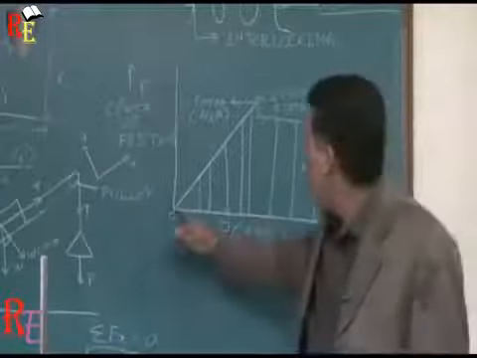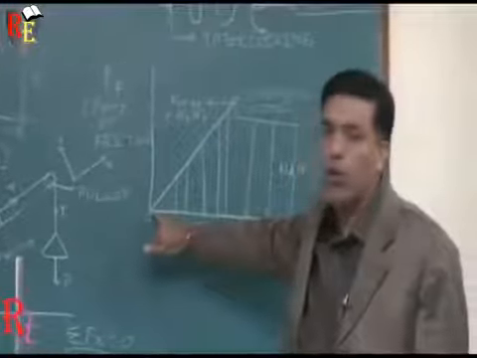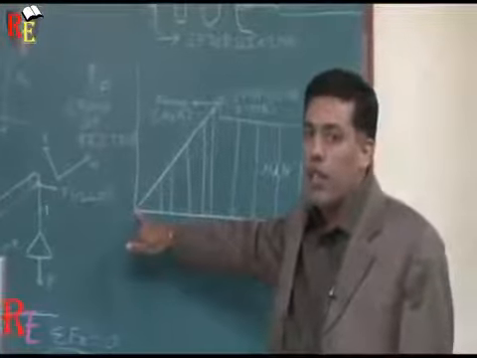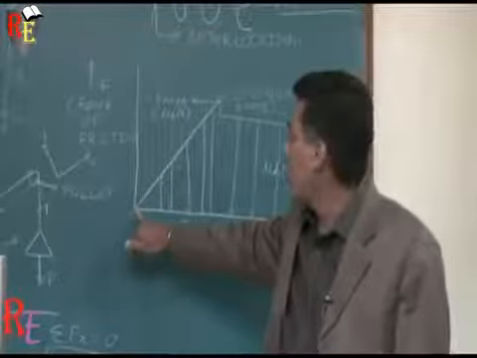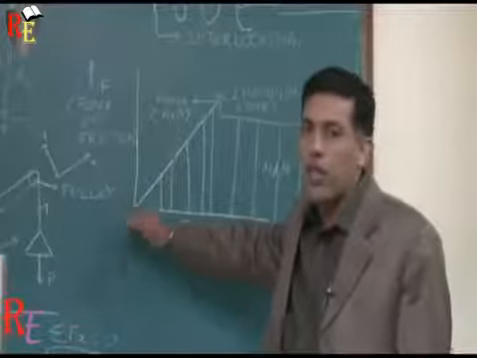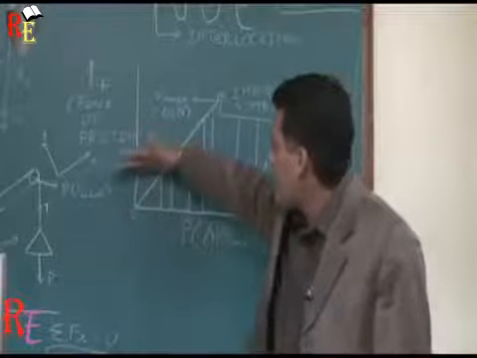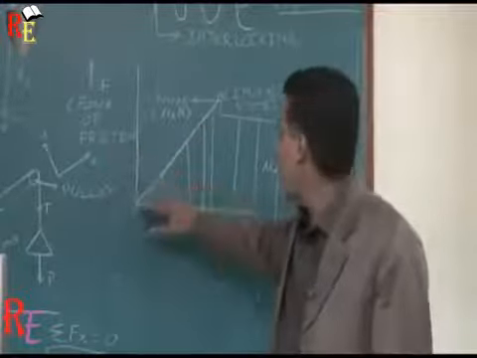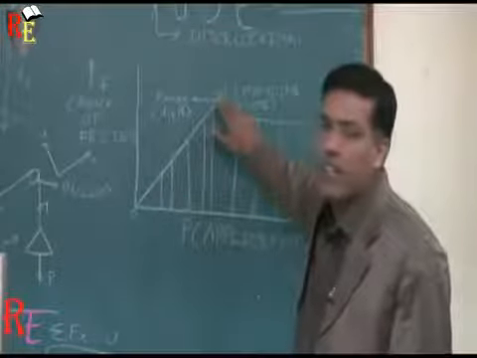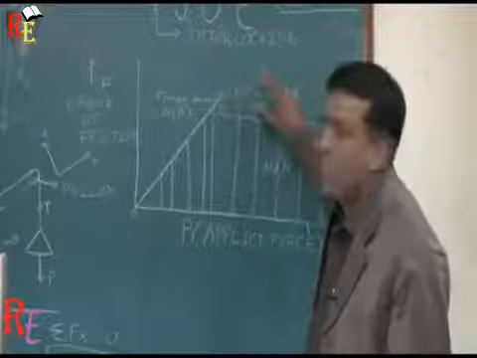If I see this graph, it starts from point O. Here, the force applied is 0, and the force of friction is also 0. When I increase the applied force, the force of friction also increases, and this trend continues up to point A. This point A is known as the impending state.